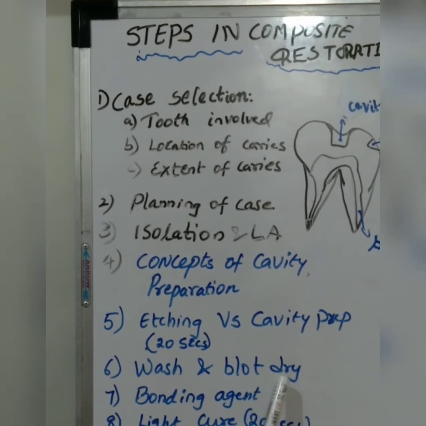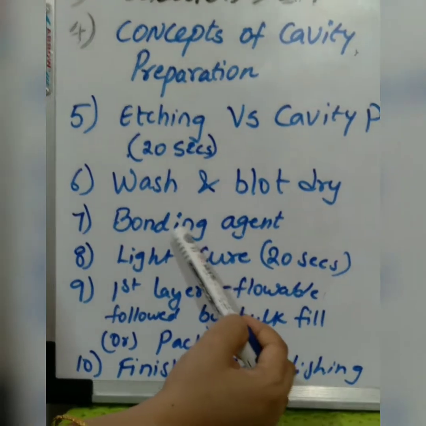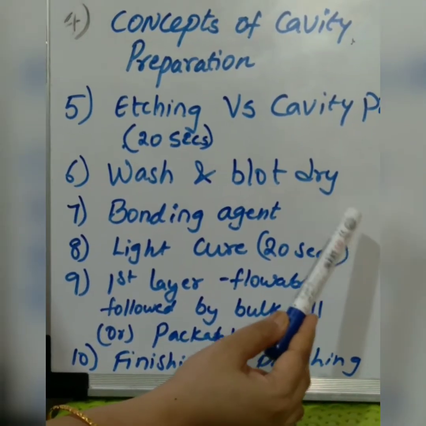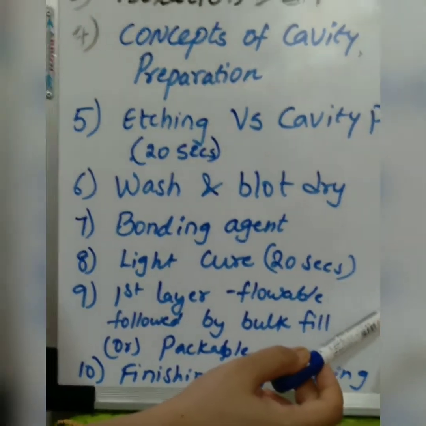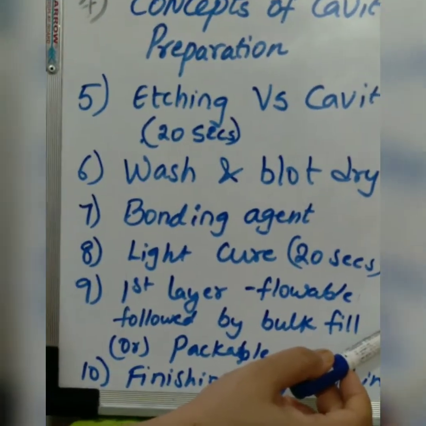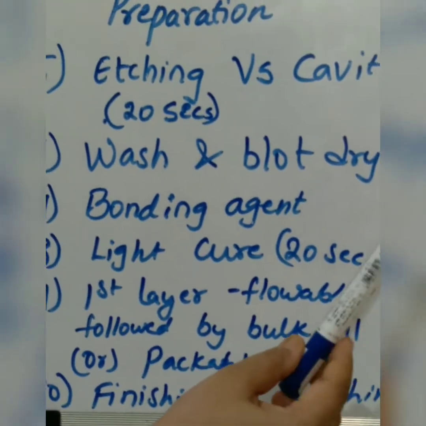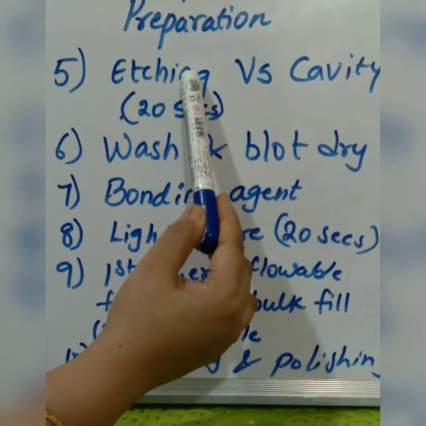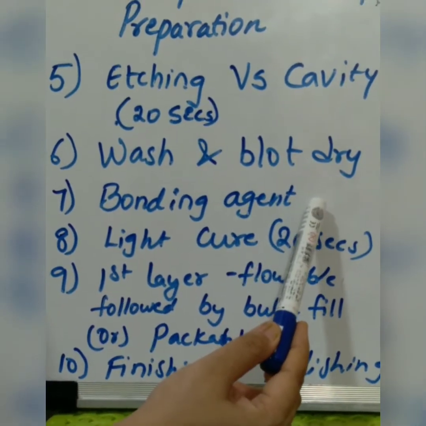Once you have achieved this blood dry, then apply the bonding agent. There are many generations of bonding agents, from first to seventh, and nowadays an eighth generation bonding agent has come into the market. Now you have to decide: if you are using acid etchant, usually you will go with the fifth generation.